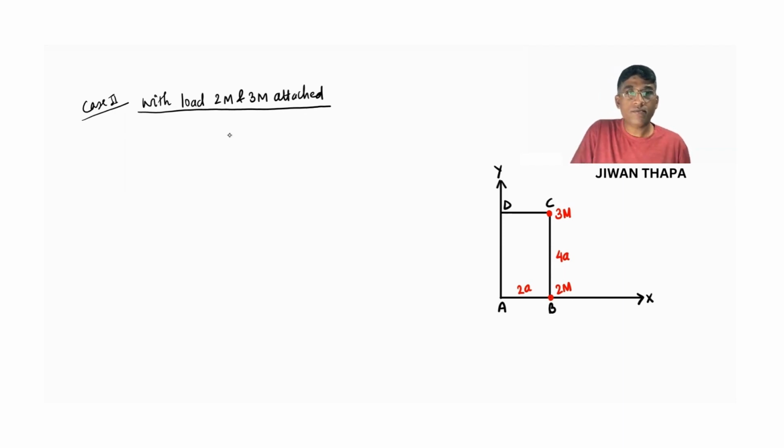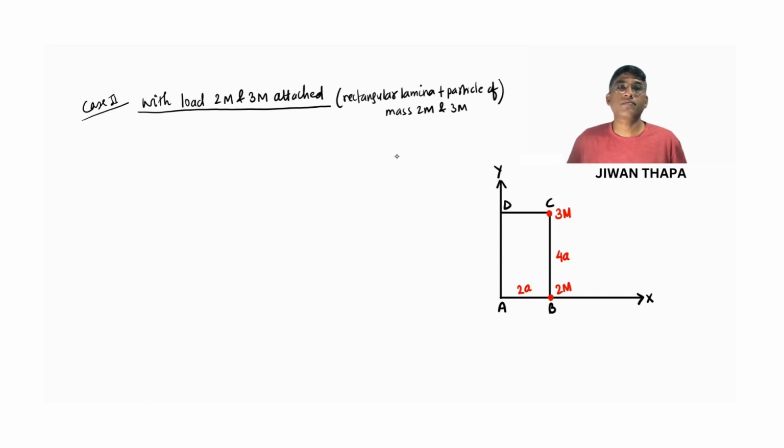So when we have this condition, it means that we need to take the rectangular lamina plus particle or load of mass 2m and 3m.